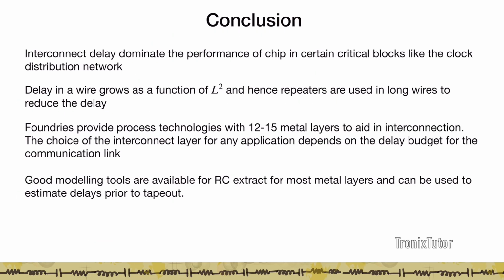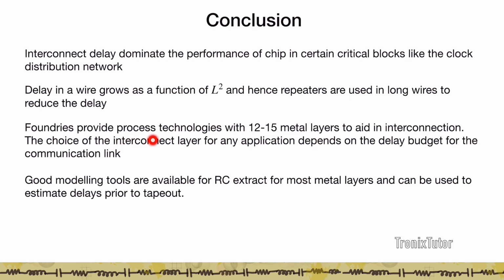So to conclude, interconnect delay dominates the performance of the chip, especially in critical blocks like the clock distribution network. The delay of the wire grows as a function of L squared, and you can use repeaters in long wires to reduce this dependence on the square of the length.